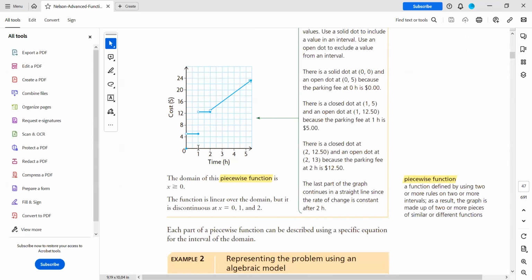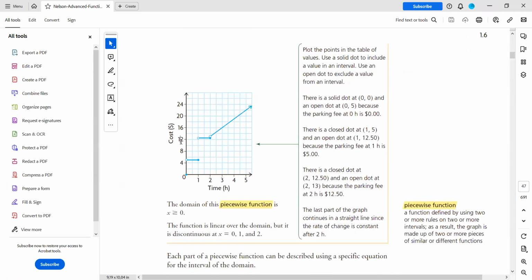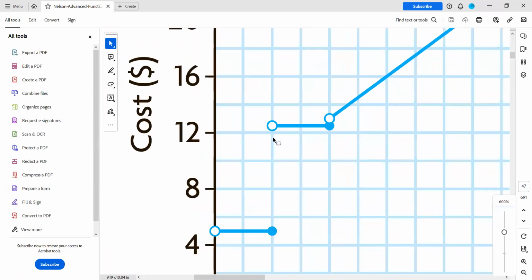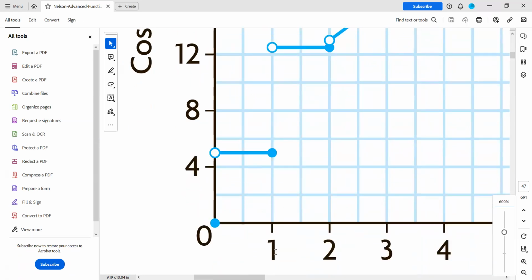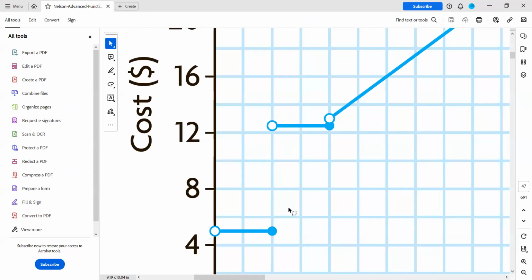And there are many breaks in piecewise functions to be found, because basically what's happening here, right after we pass the point of 1 hour, our price increases with a leap. It's like jumping to this value. This is called discontinuity.